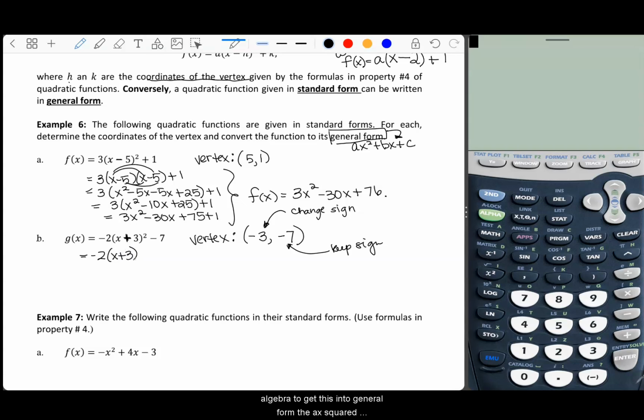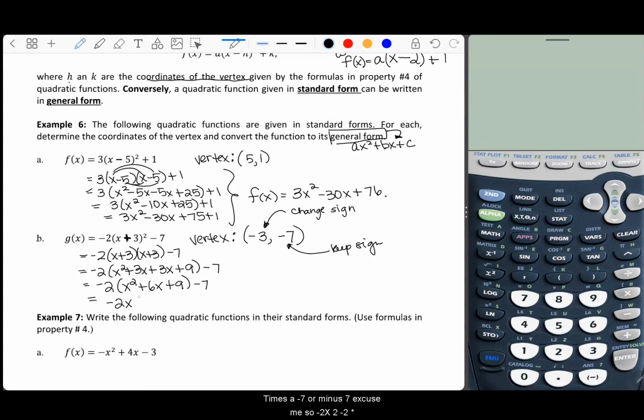And now I'm going to do the algebra to get this into general form, the ax squared plus bx plus c form. So I'm going to first square x plus 3. So x times x is x squared, x times 3 is 3x, 3 times x is 3x, 3 times 3 is 9. I'm going to get like terms together. So x squared plus 6x plus 9 times a negative 2, and then minus 7.